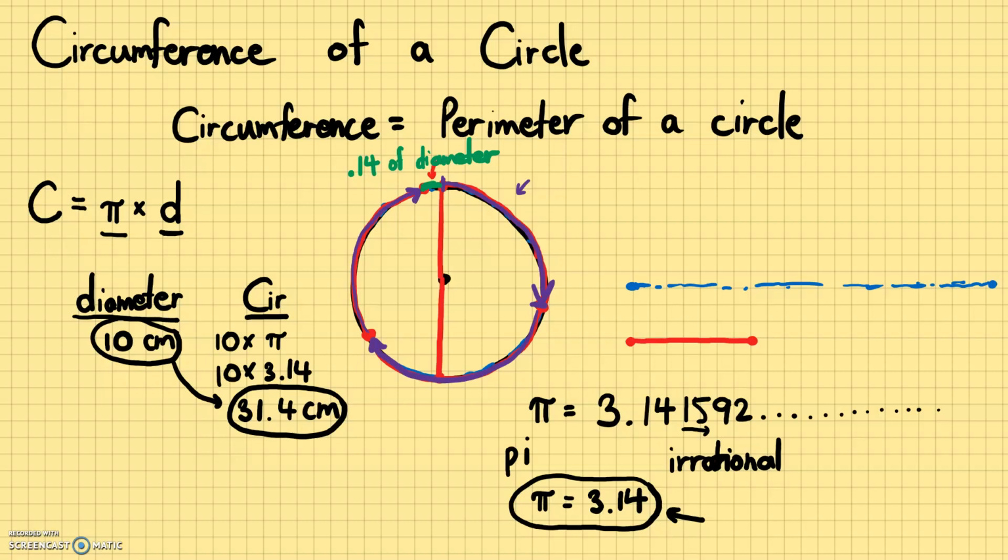What if the diameter is 5 meters? What would the circumference be? Okay, so for the circumference, you just do the diameter times pi, which is 3.14. We're using 3.14 for now. And what does that equal? 3.14 times 5.